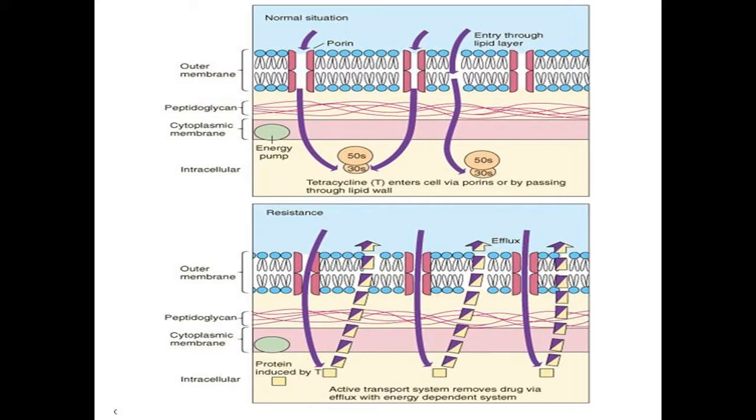The third one is enzymatic inactivation. The most important of these are the production of an efflux pump and the ribosomal protection. More significant are plasmid-encoded proteins responsible for the efflux of the drug, pumped out. Plasmid-encoded proteins that bind to the ribosome and block the binding site.